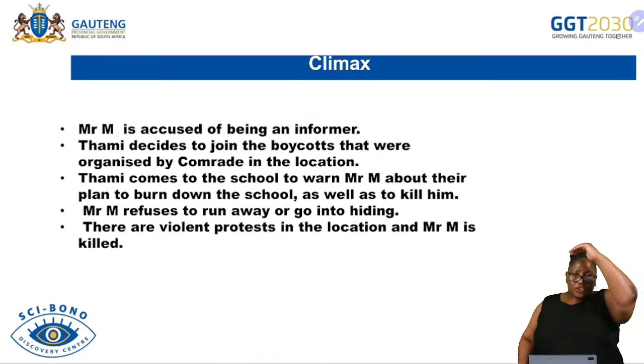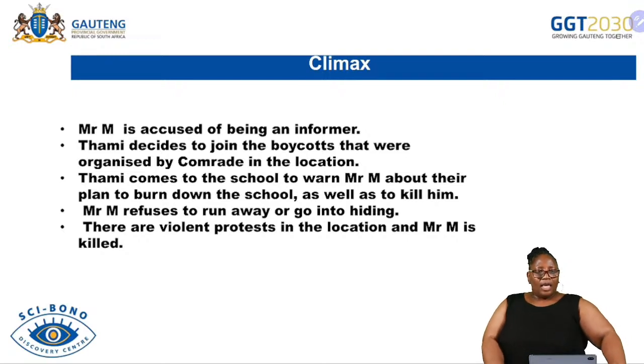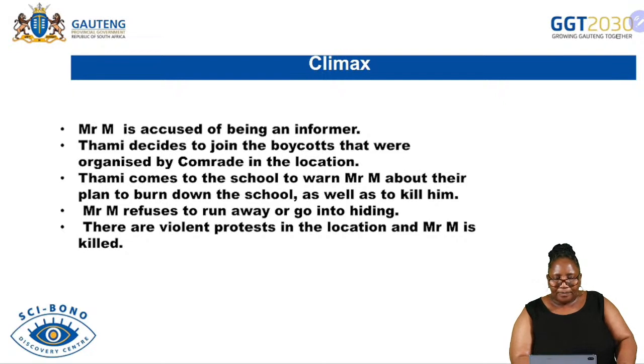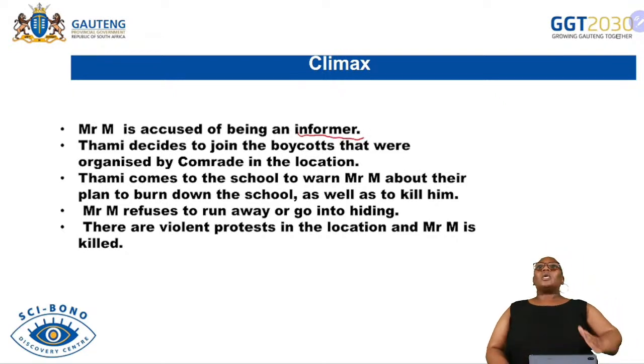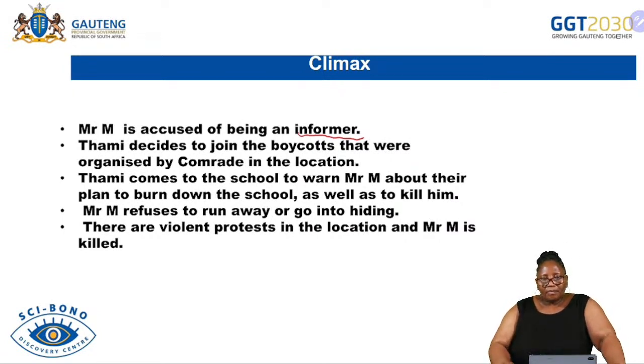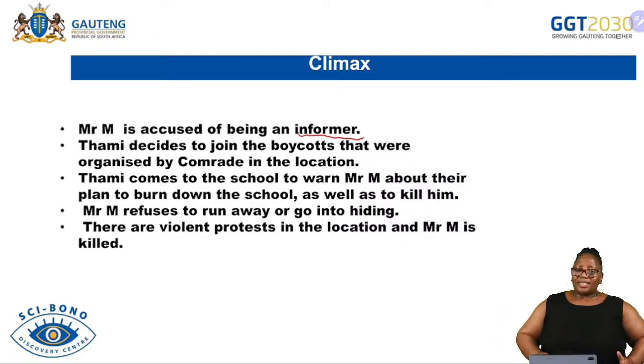When we reach the climax now, Mr. M is accused of being an informer. Why is he accused to be an informer? Because he went to the police and gave them the lists of the activists. Tammy comes to the school to warn Mr. M about their plan to burn down the school as well as to kill him.